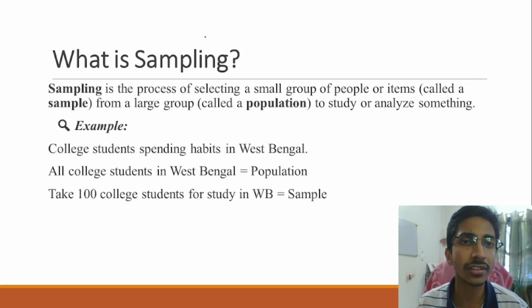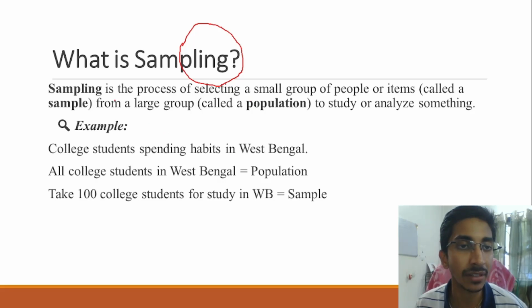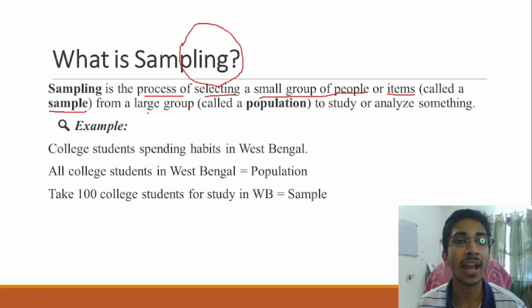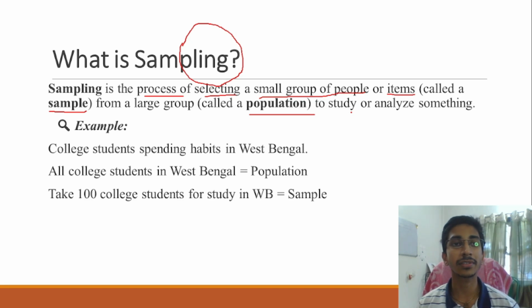Now the question is, what is sampling? Sampling is the process of selecting a small group of people or items, which we call the sample, from a large group of people, which we call the population. So sampling is the process to collect the sample.